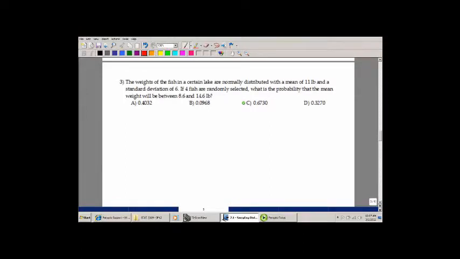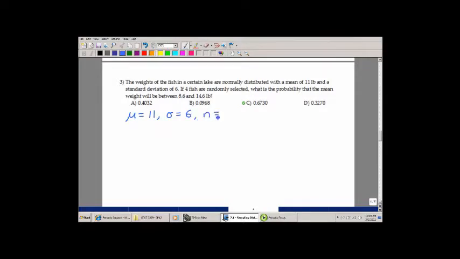All right, let's try another one. So we're going to kind of cover greater than, less than, and between two numbers. The weights of fish in a certain lake are normally distributed with a mean of 11. That's just for x. Standard deviation for x, which is 6.